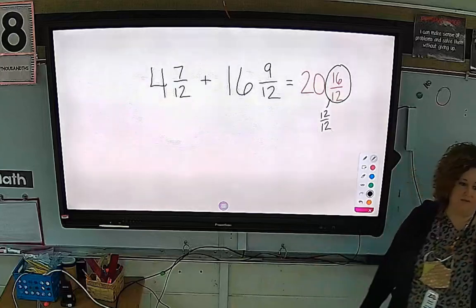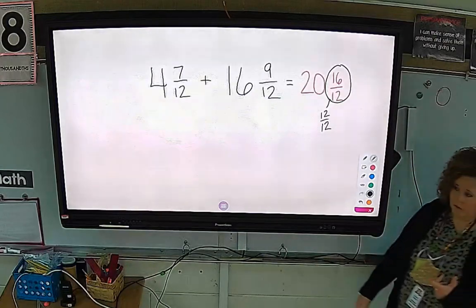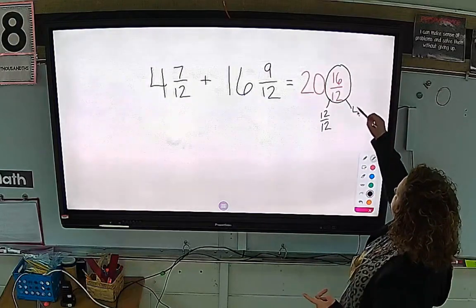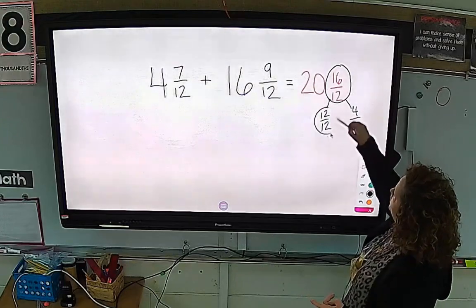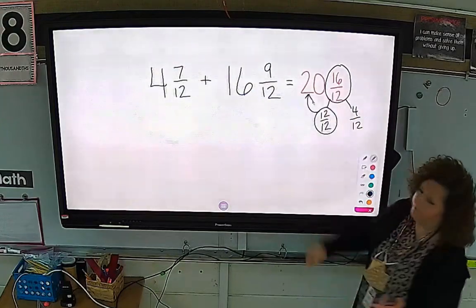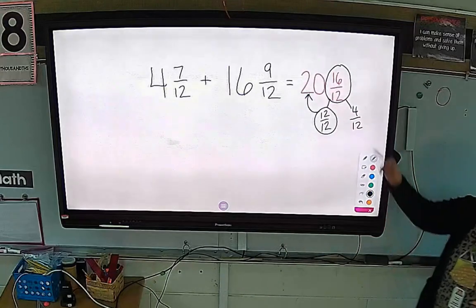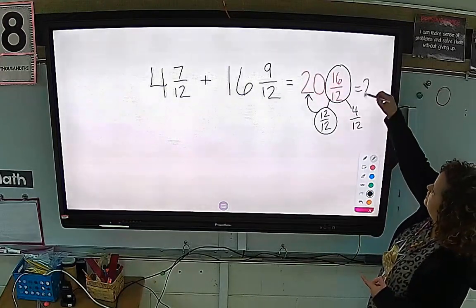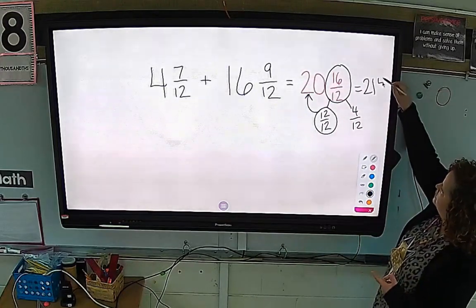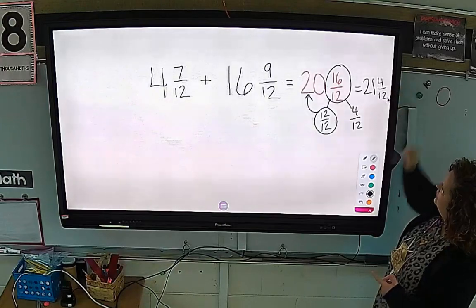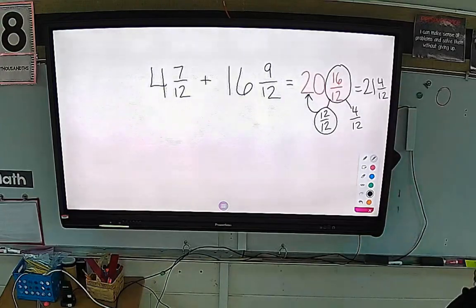And then what's left over? 4/12. So this is one whole. It goes with the group of whole numbers. So that's going to change to 21. And then add in your little fraction piece. 21 and 4/12. Okay. I did see that.